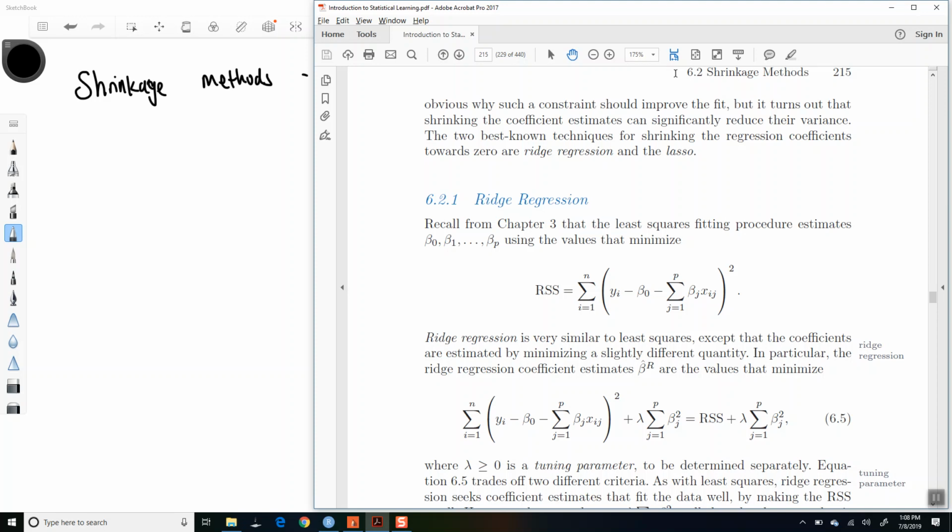Then I'm going to compare using this subset versus this subset using something like AIC or BIC or cross-validation error. But the parameters were estimated using the least squares method. We said I want to minimize the RSS. I want to pick beta 0 and beta 1 and beta 2 and beta 3 or whatever those are by picking them so it minimizes RSS.